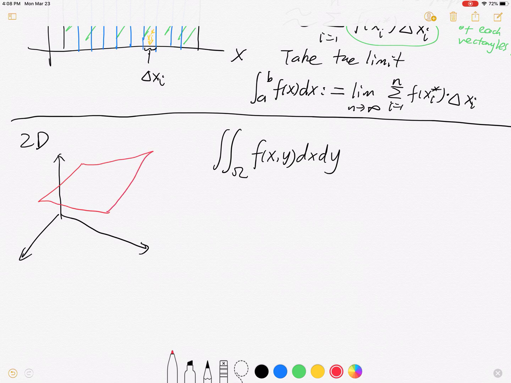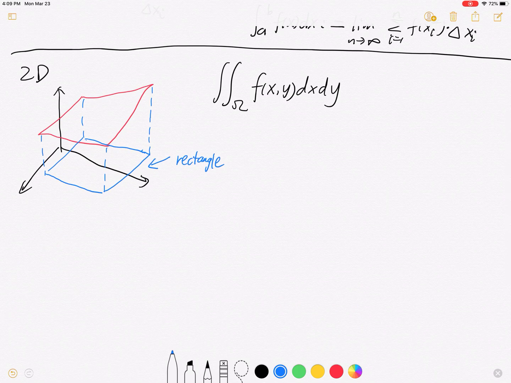The function, and suppose this is your rectangle, and then you can interpret the integral as a volume underneath your graph.